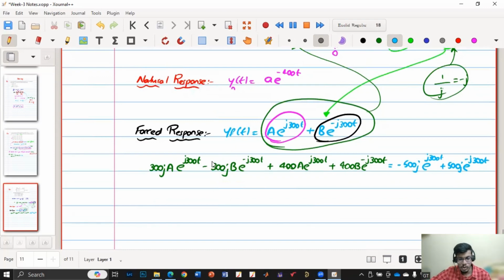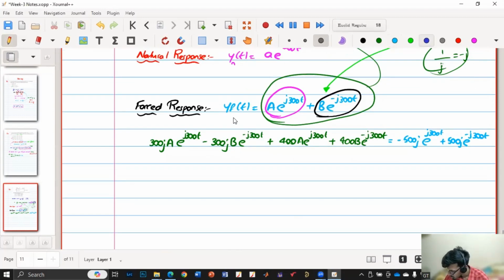So now I have two equations to announce. How? The coefficient of e to the power j 300t and the coefficient of e to the power minus j 300t. Yes, Ravin, you are right. So what is my equation one? My equation one is a into 400 plus 300j is equals to minus 500j.